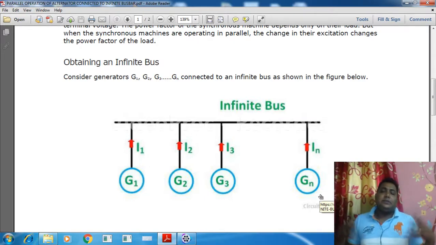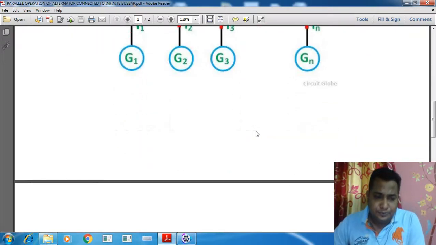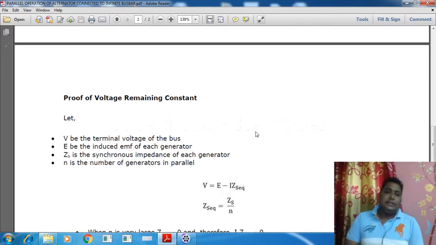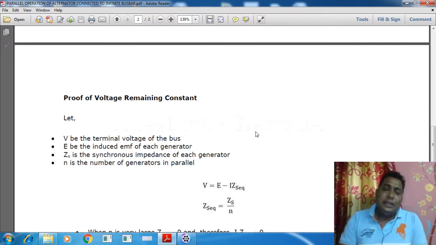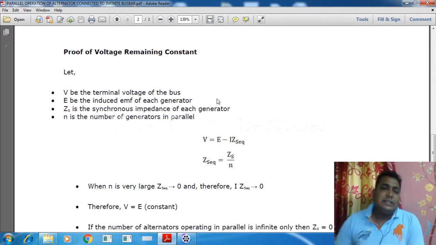If we summarize those things, now let us find out whether the voltage remains constant. It is a very important point. So we will check whether the voltage is remaining constant. For that, we are considering these points.